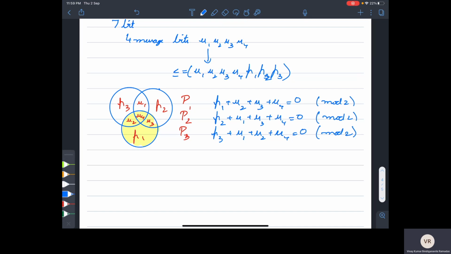Okay. So this was the code proposed by Hamming. Firstly, what is the rate of this code? You're encoding 4 message bits into 7 code bits. So the rate is 4 by 7. Okay, so this is k by n.